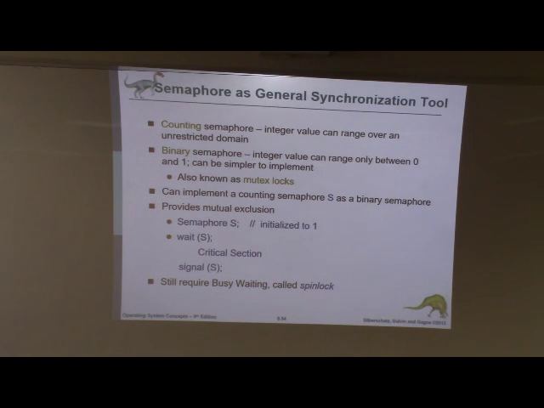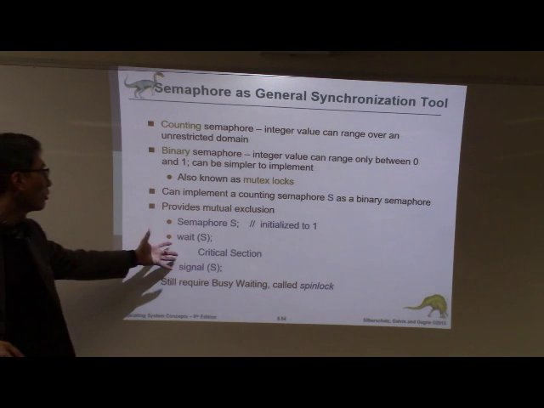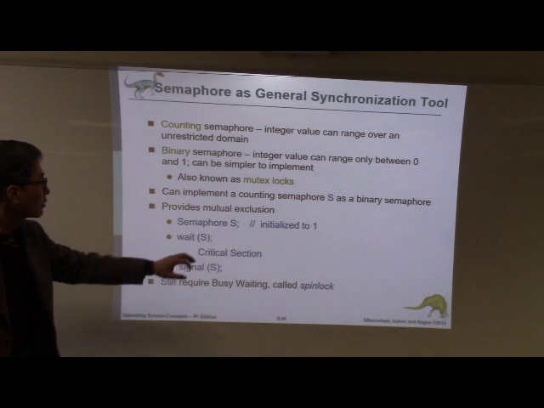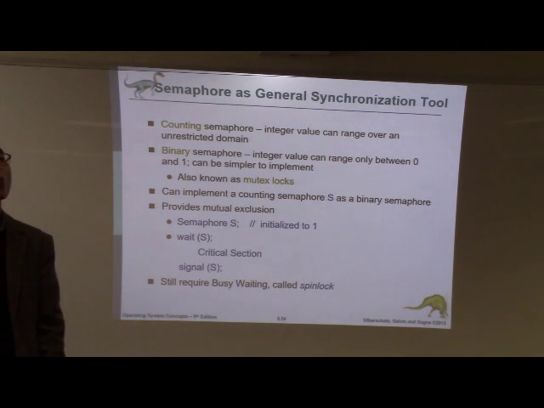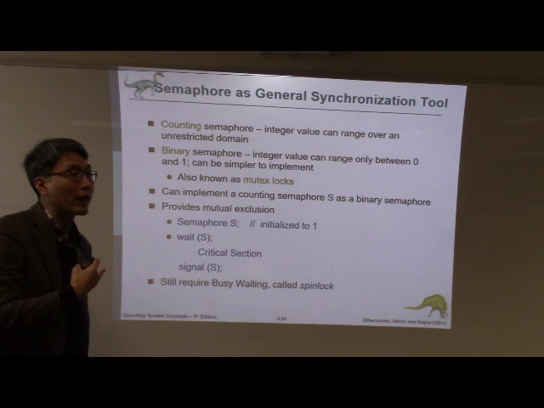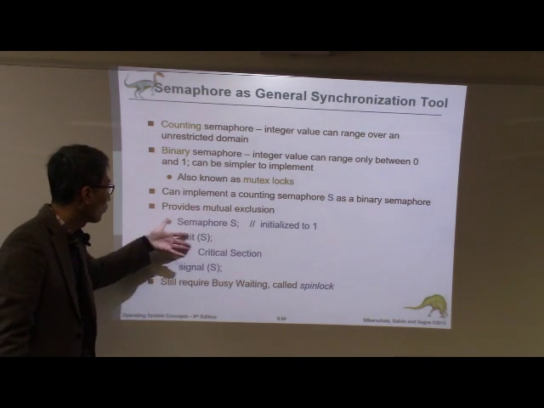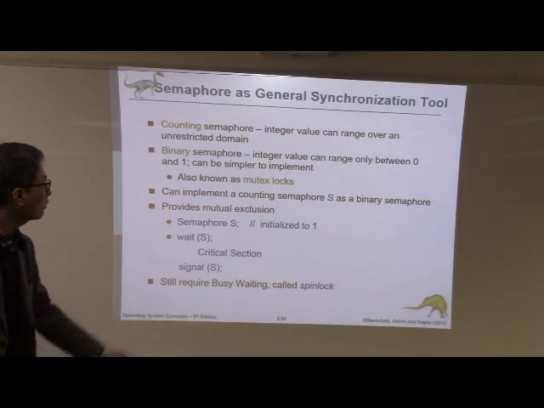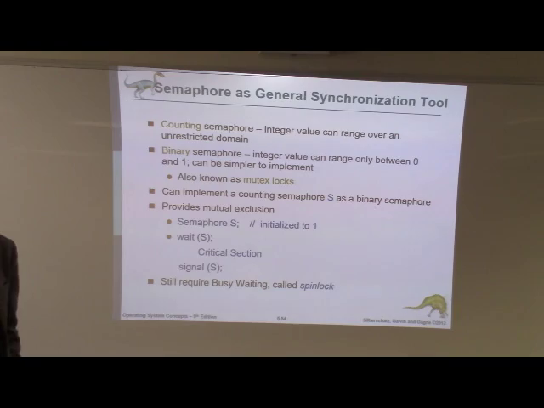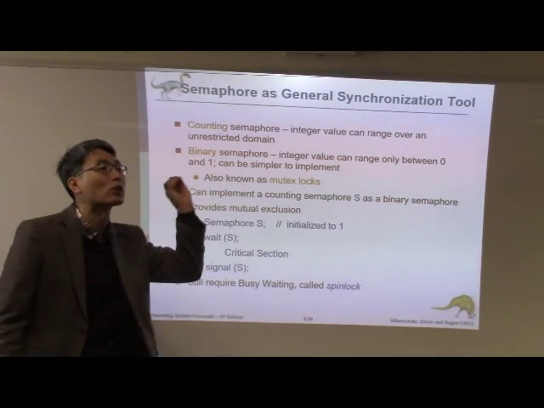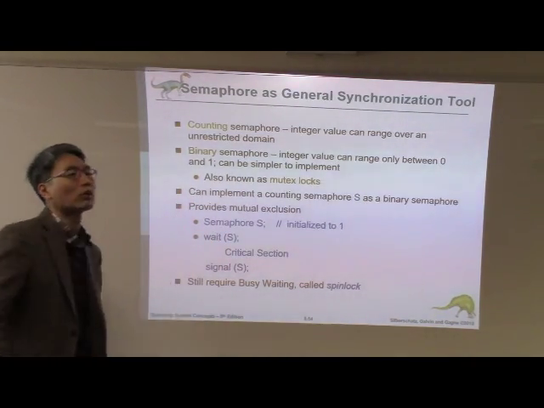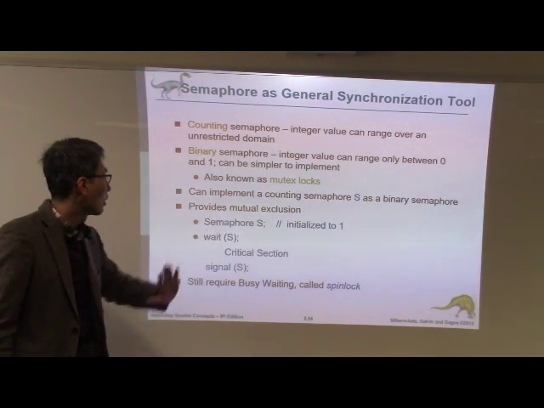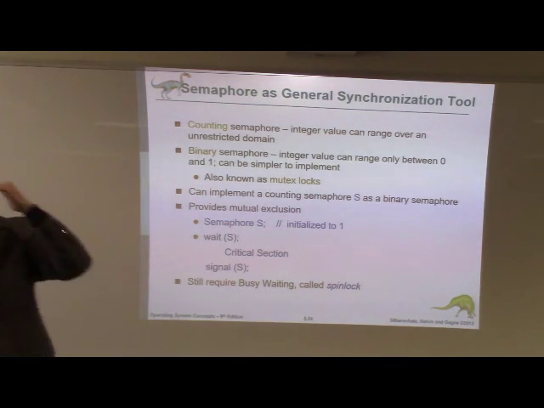So how can we use it? It's simple. We use the wait operation on the semaphore. The initial value is usually 1, which means nobody is using it. Then in your program, if I need to access the critical section, I operate wait, which sets S to 0. Then if another process or thread would like to enter the critical section, it cannot, because S is already 0.